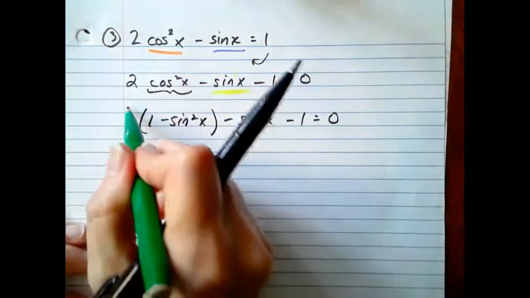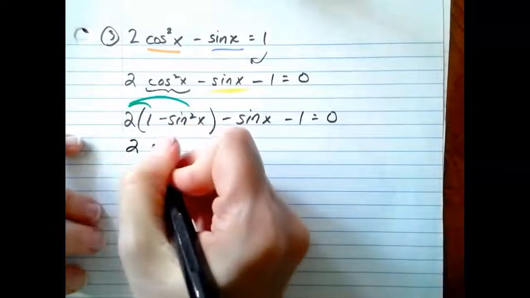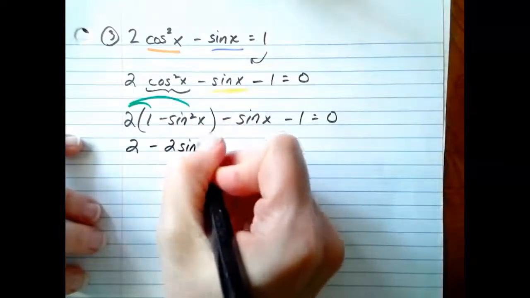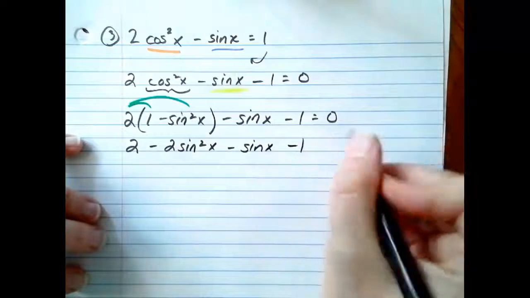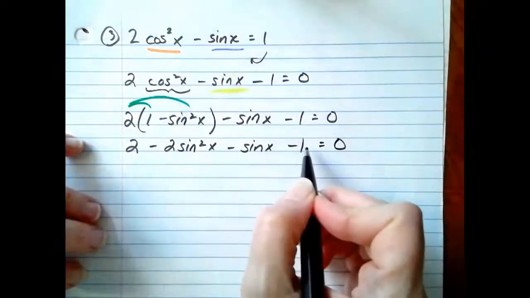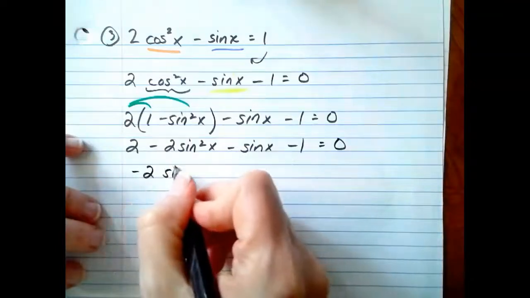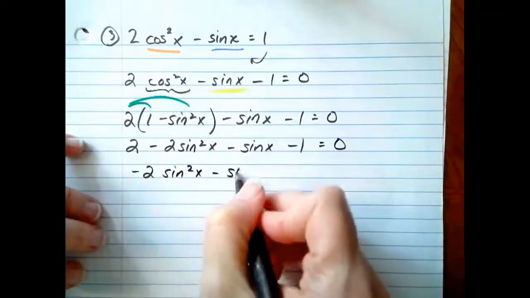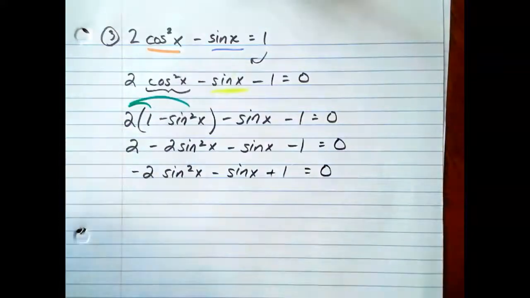So we need to use the distributive property here, following order of operations. 2 minus 2 sine squared x minus sine x minus 1 equals 0. So 2 minus 1 is 1. So now we've got negative 2 sine squared x minus sine x plus 1 equals 0.